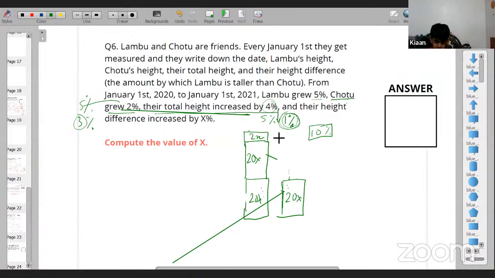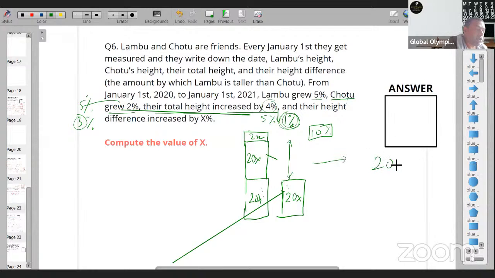So now the total increase in percentage, the difference. So initial difference was 20x. Now this guy grew by 2x, and this guy grew by only, 20 का 2% कितना होगा? 0.4x, right? हाँ, 0.4x.